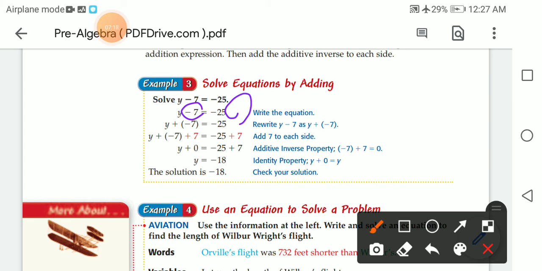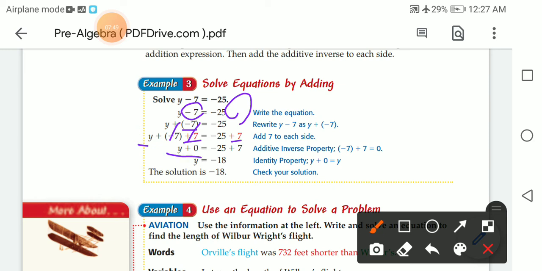Don't forget to put negative 7 in brackets, and this is called the subtraction operation. So I have here y plus negative 7 equals 25. And then after this, I add 7 to both sides to get rid of this 7 and isolate y. So y plus 0 gives you 25 plus 7.